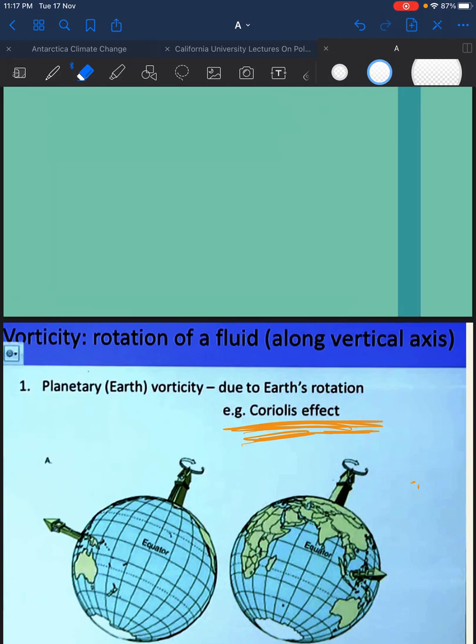So basically, if you look, this vorticity is nothing but a rotation, a rotation of something around an axis. Now we know that this is your Earth's axis, which is tilted 23.5 degrees, and this is your equator. Now the equator has maximum distance from the axis, right?